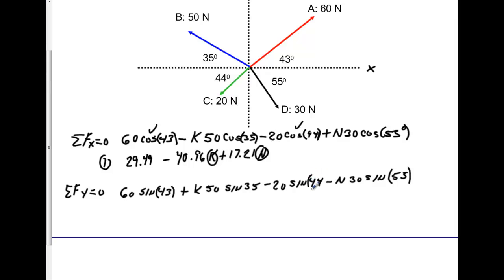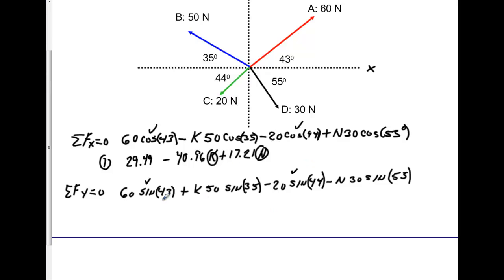You don't have to do this, but just to clarify that those are angles. Alright, and now we're going to go ahead and run the numbers. We're going to add this one and this one together, or if you want to say subtract one from the other. So 60 times the sine of 43 degrees minus 20 times the sine of 44.